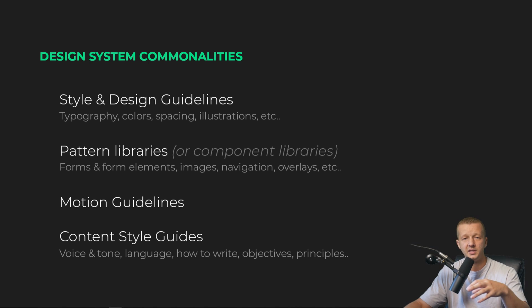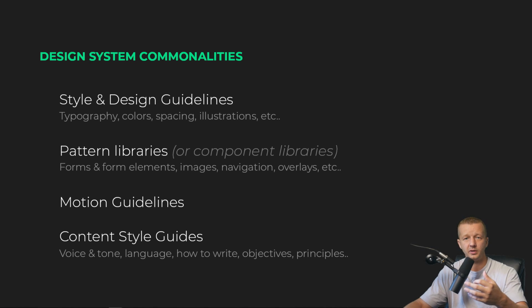The commonalities that exist in practically all of these design systems are: there are style and design guidelines, and this includes typography, colors, spacing, illustrations, icons, etc. There's a pattern library section, which can also be called a component library.